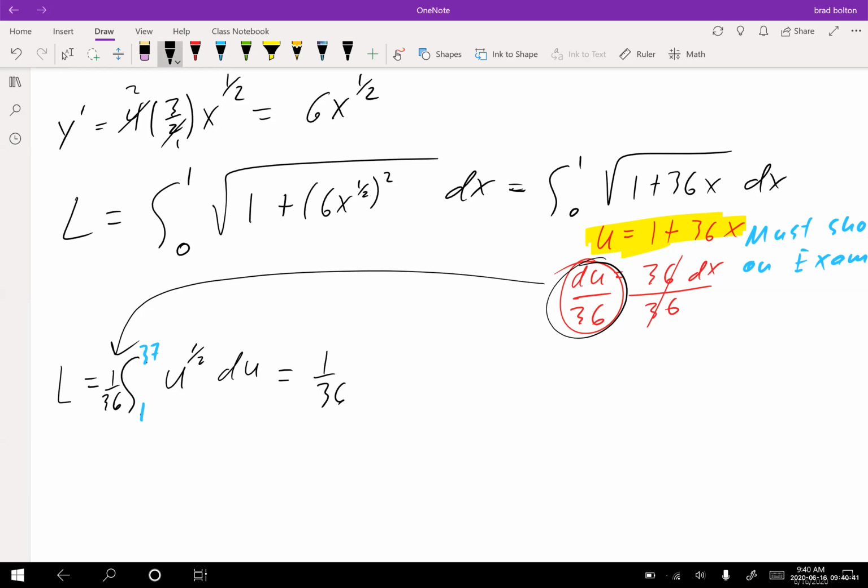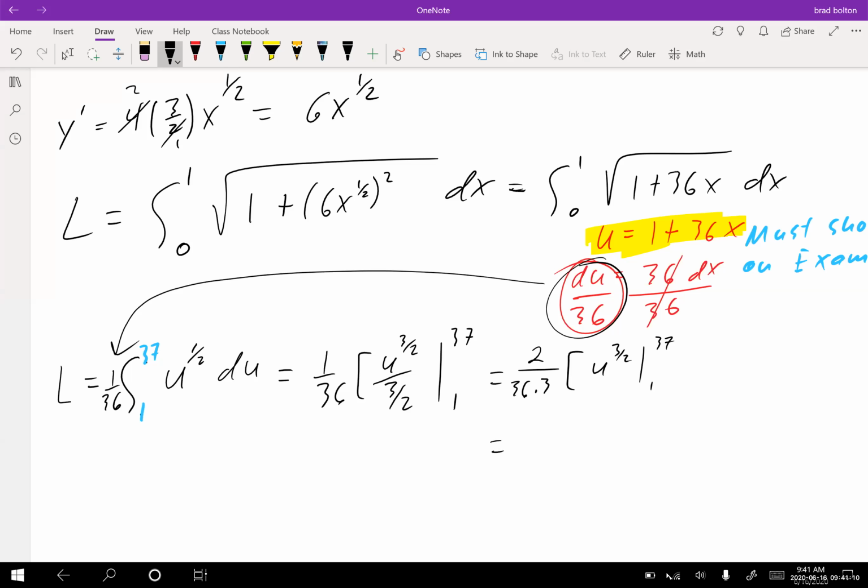Now this will become u to the 3/2 over 3/2 from 1 to 37, because I changed my limits of integration. So this will be 2/3, so 2 over 36 times 3 times u to the 3/2 from 1 to 37.